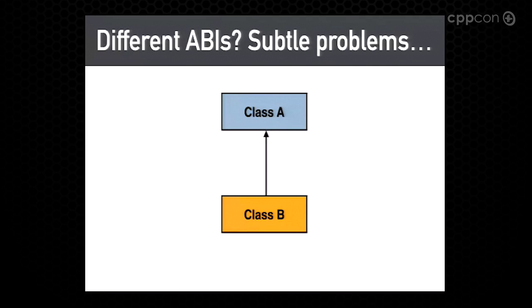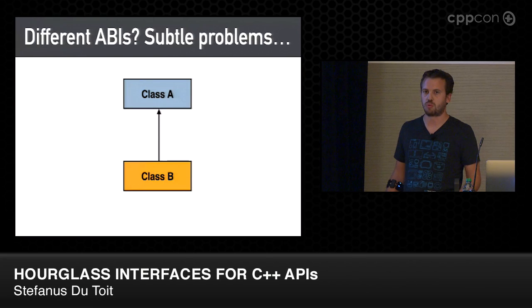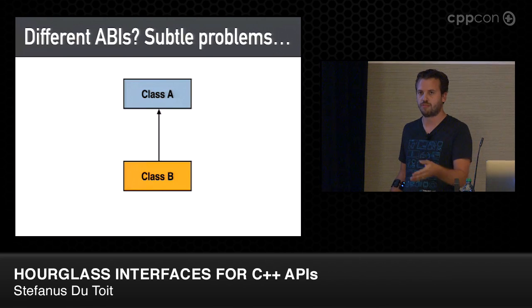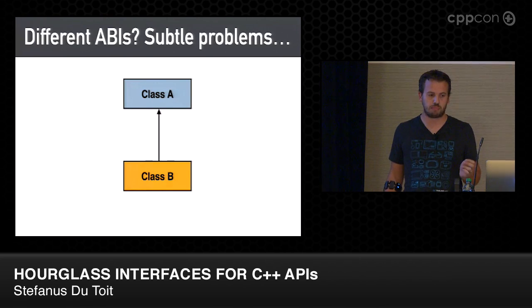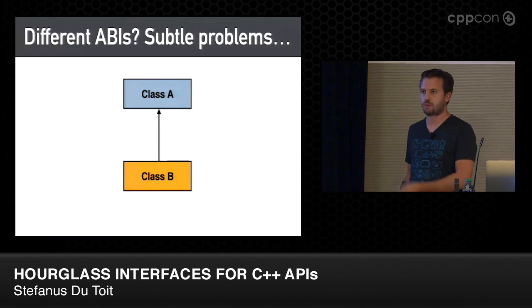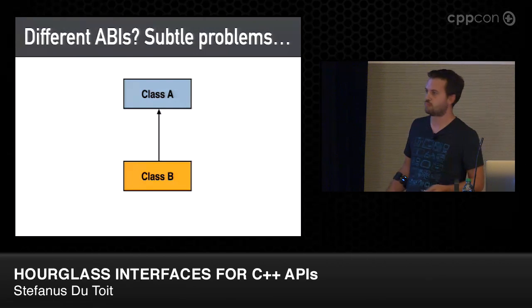So if you have different ABIs, for example, if you do end up linking code that uses one ABI into code that uses another, and some part of that interface depends on a part of that ABI, you can get some pretty terrible, subtle problems occurring. And some of you have probably encountered this.